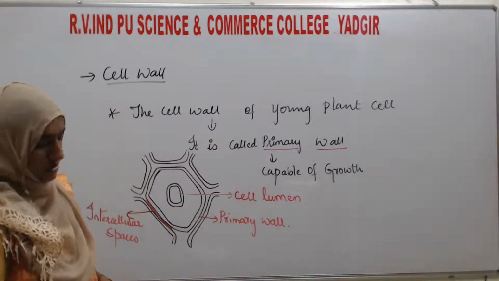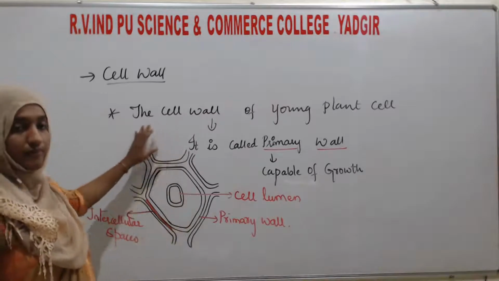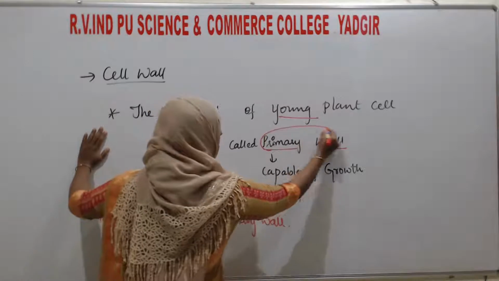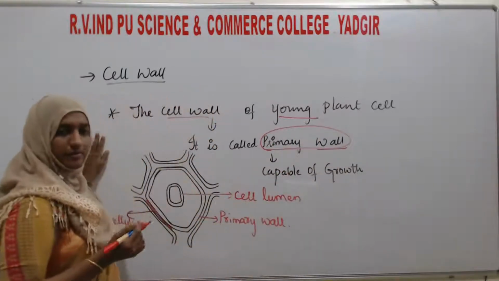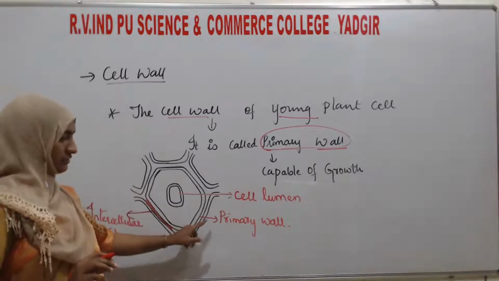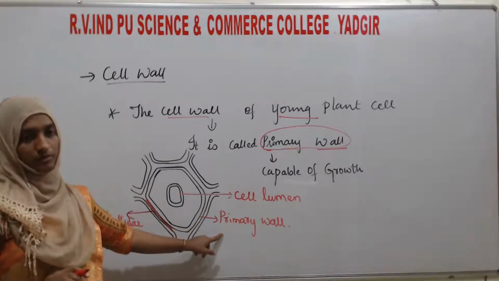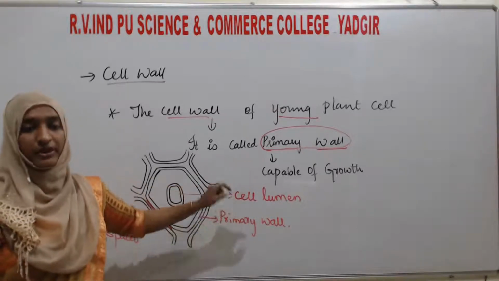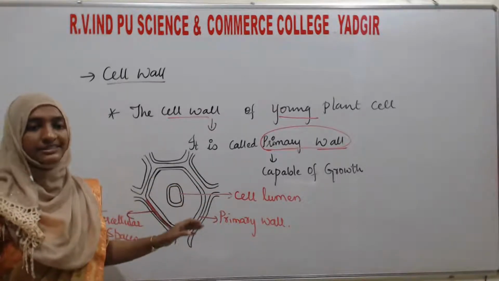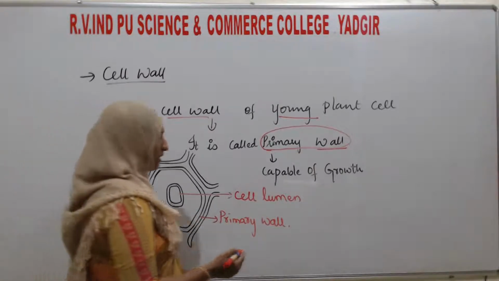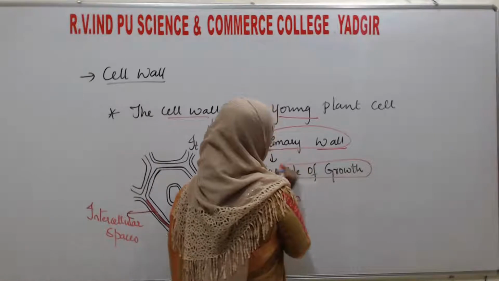See here, whatever the cell wall of a young plant will be there, that particular wall, which will be young, that will be known as the primary wall. What is the major function of the primary wall? It is capable of growth, which will further grow.